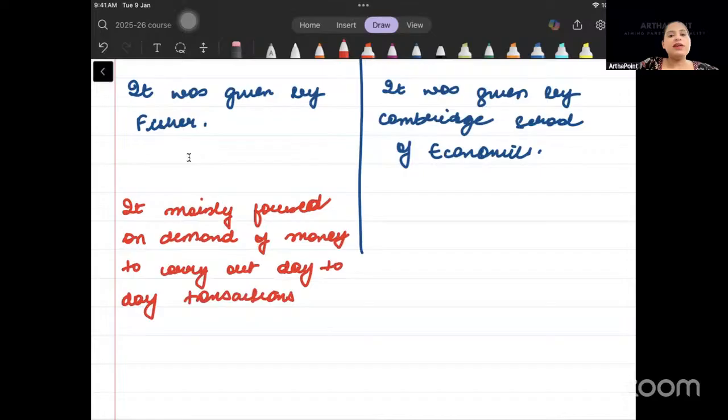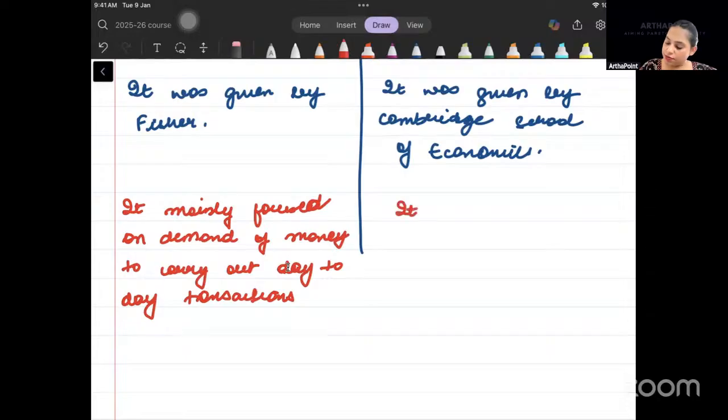So basically, we are saying that whatever money we need is to carry out the day-to-day transactions. On the other hand, cash balance approach, as the word suggests, is the money which you hold because you want to store money. So it identifies money as a store of value.